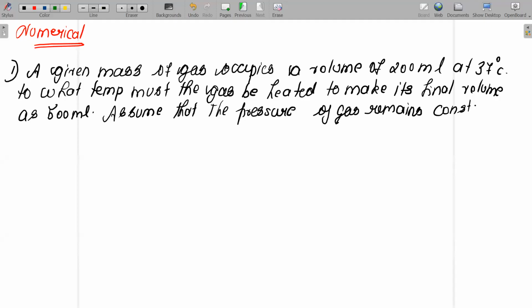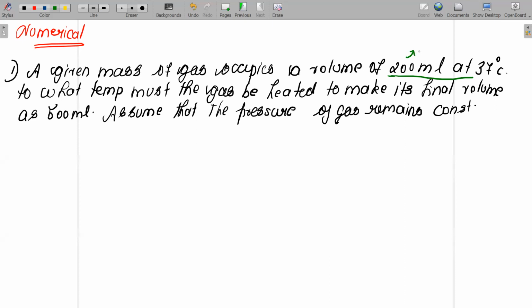Listen carefully, children. Now we are going to do one numerical. We don't know which law we should apply, so we'll try. A given mass of a gas occupies a volume of 200 ml at 37 degrees Celsius. To what temperature must the gas be heated to make its final volume 500 ml? So you should find the final temperature, right?